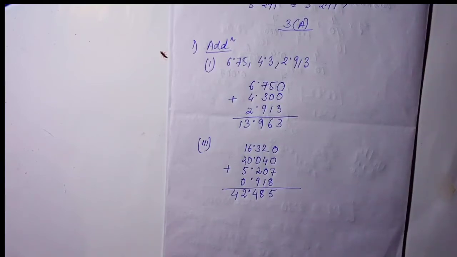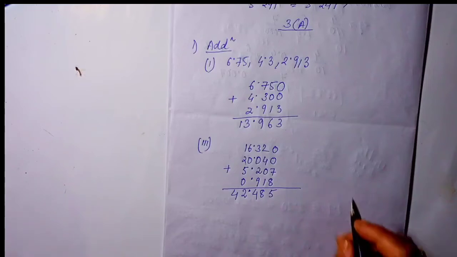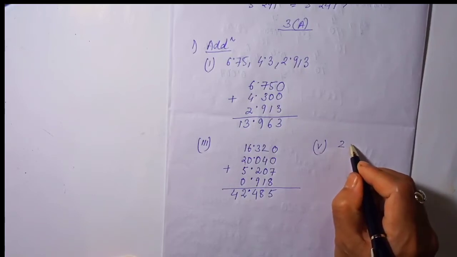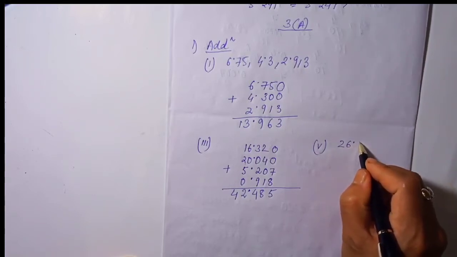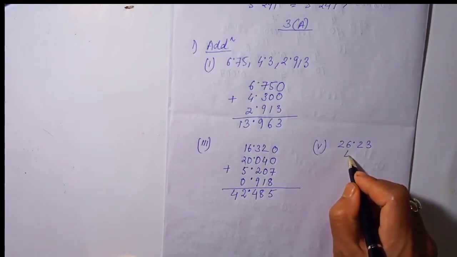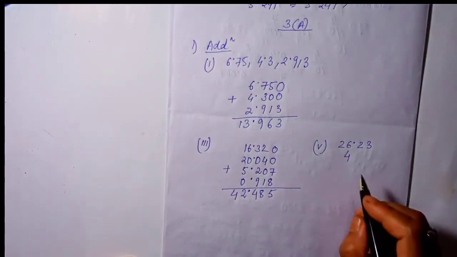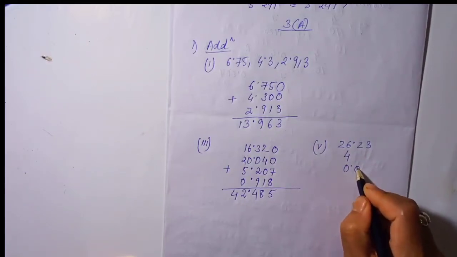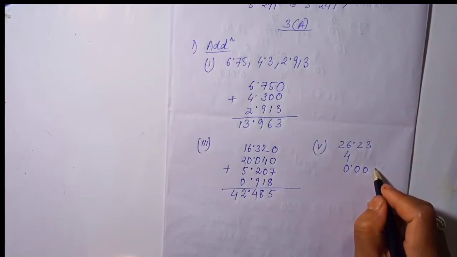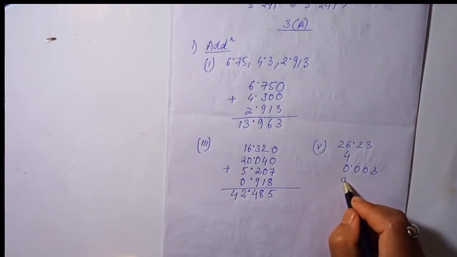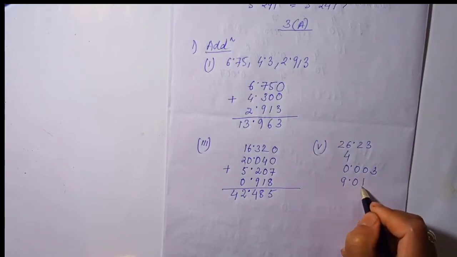Fine. We'll move to the last question, that is question number 5. Question number 5, you see, the numbers are 26.23, the second number is 4, the third is 0.003, the fourth number is 9.01.